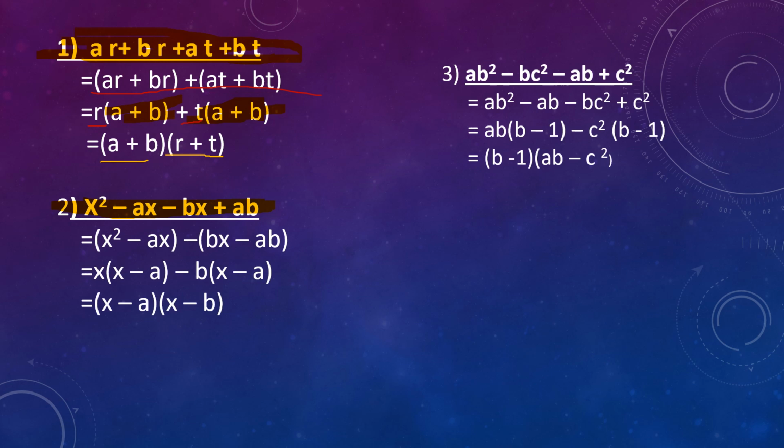But if you are taking minus common out of the bracket, the sign of the last term will definitely get changed. See, in the question it was plus AB. When you put it in bracket, it has turned to minus AB. Why? Because you have taken minus common. If you open the bracket, it will again turn into plus.